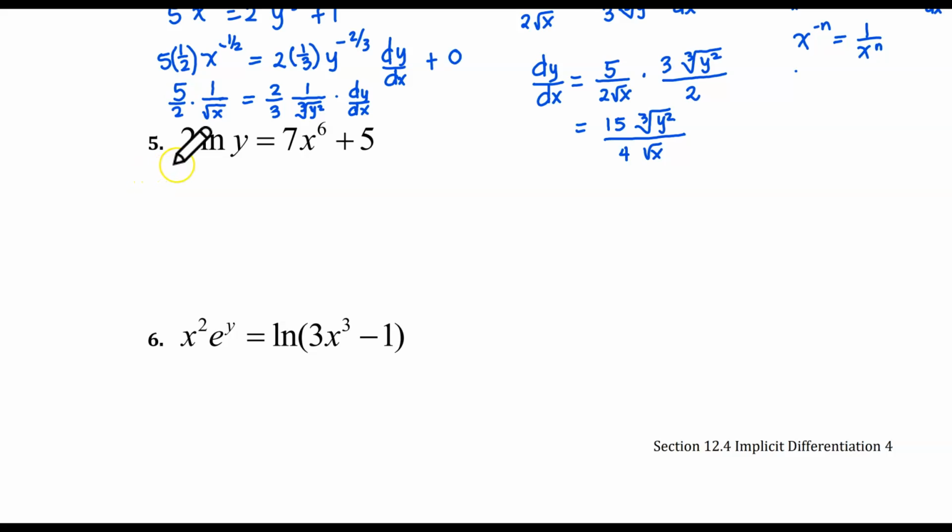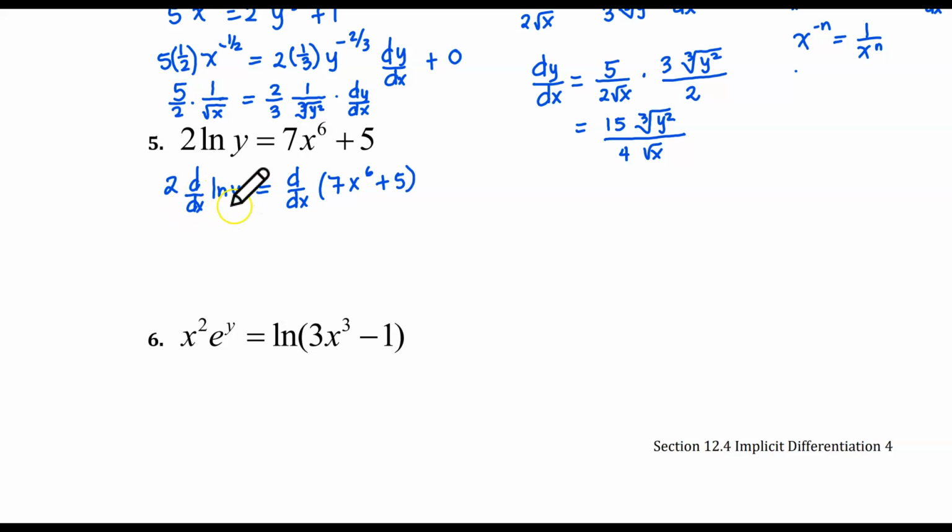Number 5, find dy dx in this equation here using implicit differentiation. So we begin by differentiating both sides of the equation. We have 2 times the derivative with respect to x of ln y equal to the derivative with respect to x of quantity 7x to the 6 plus 5.